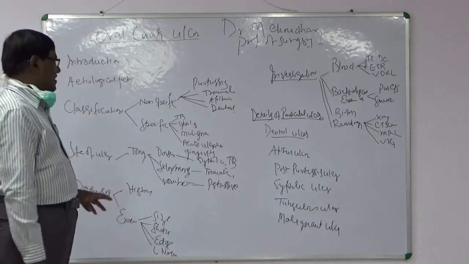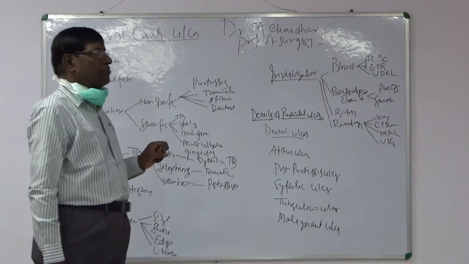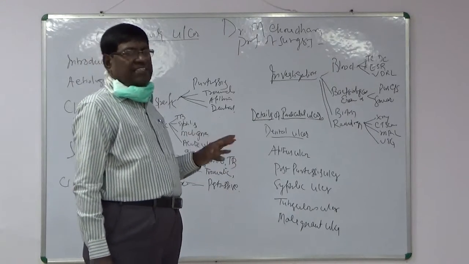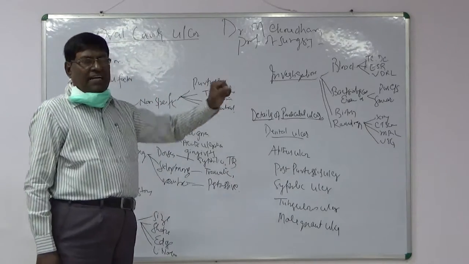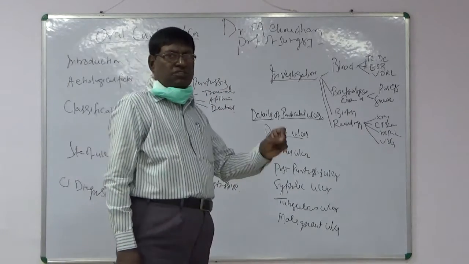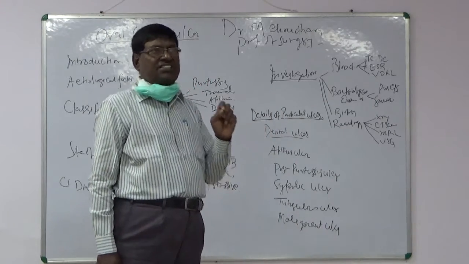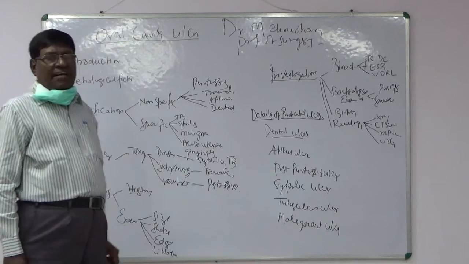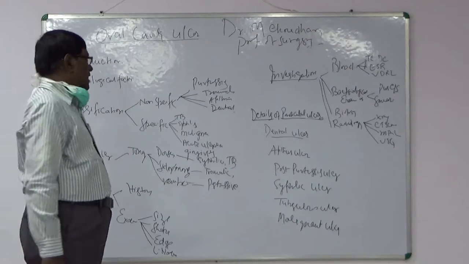These are all factors that cause trauma of the mucosa of the buccal cavity and manifest as ulcer formation, called traumatic ulcer of the buccal cavity. Not only this, the mouth contains teeth, very hard structures, and when there is sharpness or decay of the teeth, that erodes the mucosa of the buccal cavity and makes a traumatic ulcer.